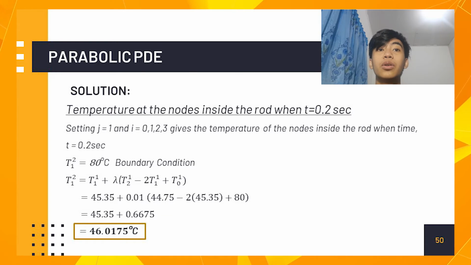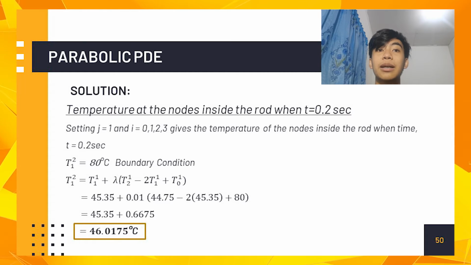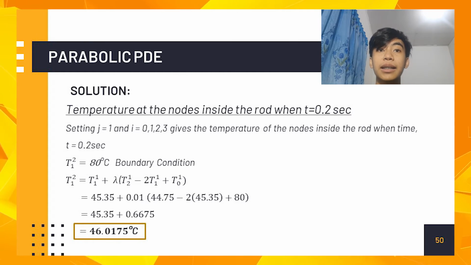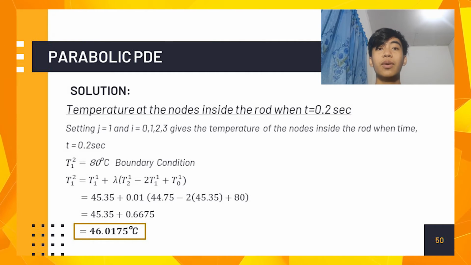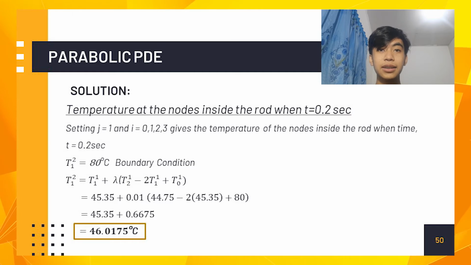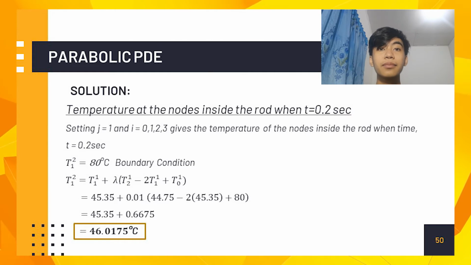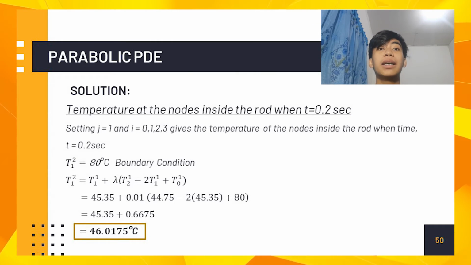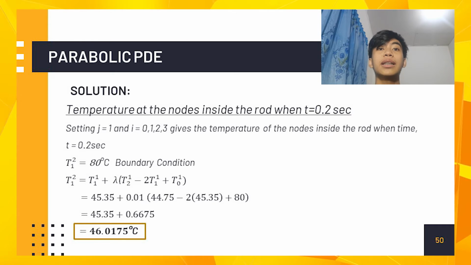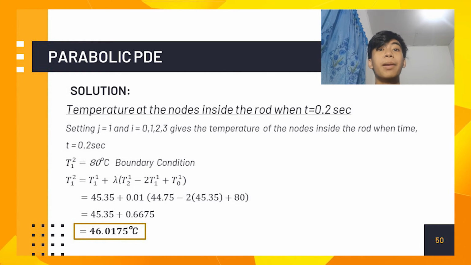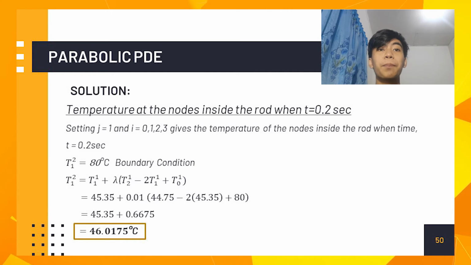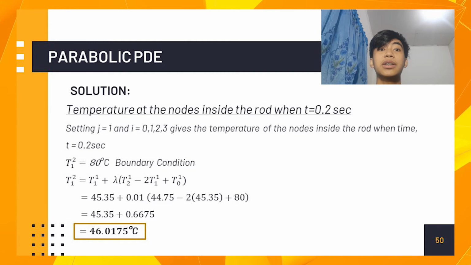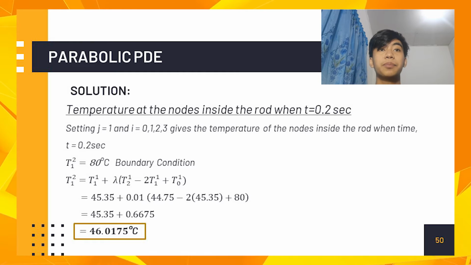T raised to 2 sub 1 is equal to T raised to 1 sub 1 plus lambda multiplied by T sub 2 raised to 1 minus 2 T raised to 1 sub 1 plus T raised to 1 sub 0, which is equal to 45.35 plus 0.01 multiplied by the quantity 44.75 minus 2 times 45.35 plus 80, equal to 45.35 plus 0.6675, which is equal to 46.0175 degrees Celsius.